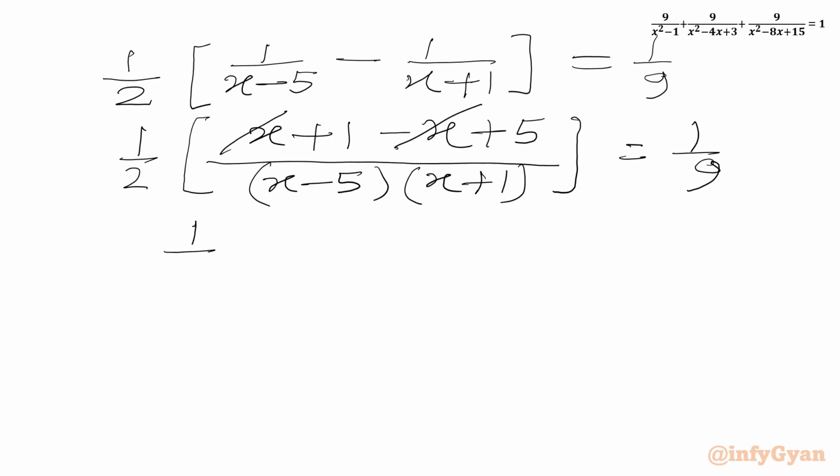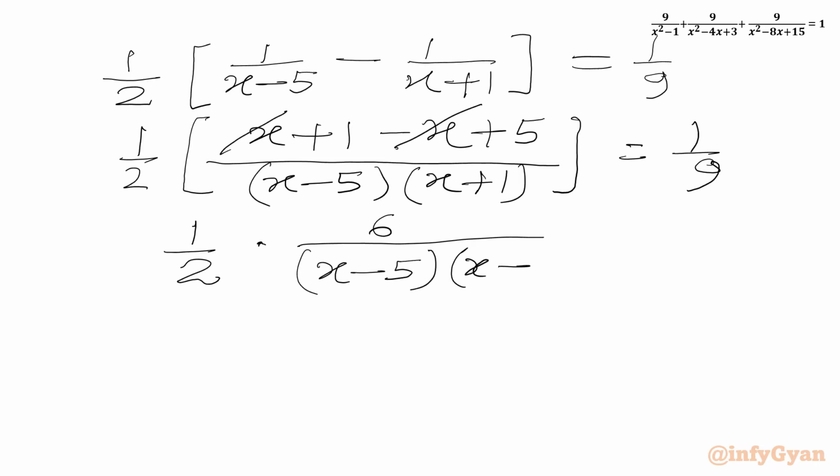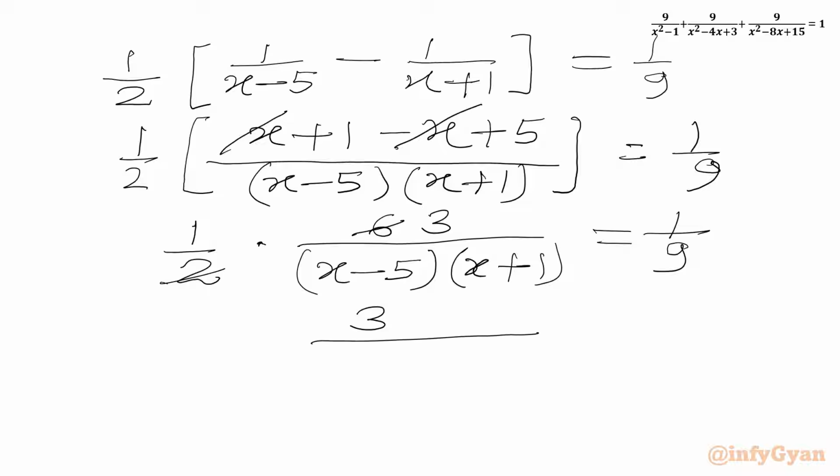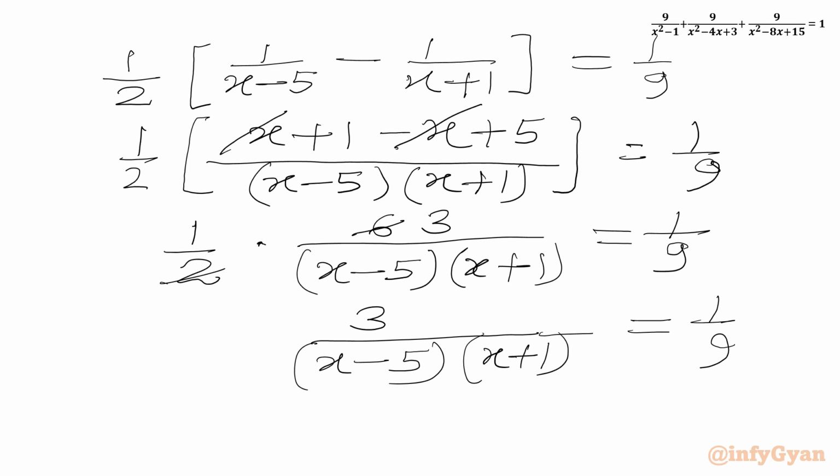So we will write half times 6 over x minus 5 times x plus 1 equal to 1 over 9. Now 6 over 2 is 3. Now we will write 3 over x minus 5 times x plus 1 equal to 1 over 9.